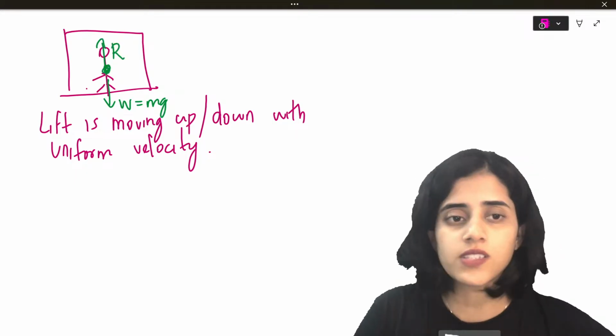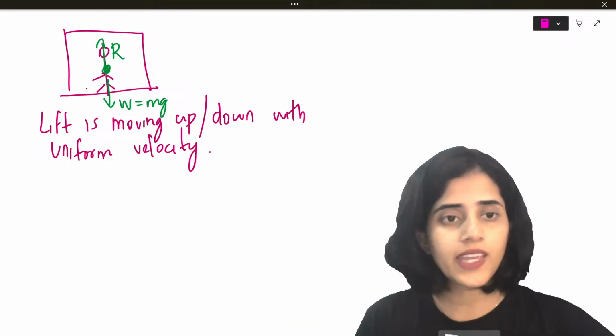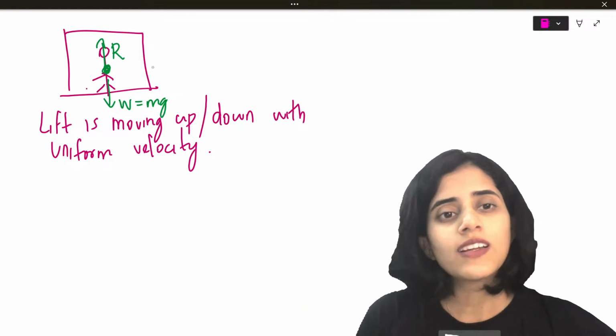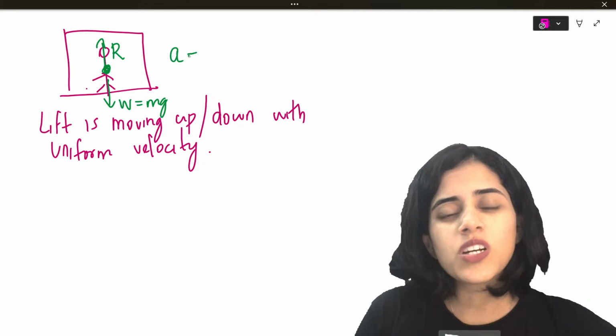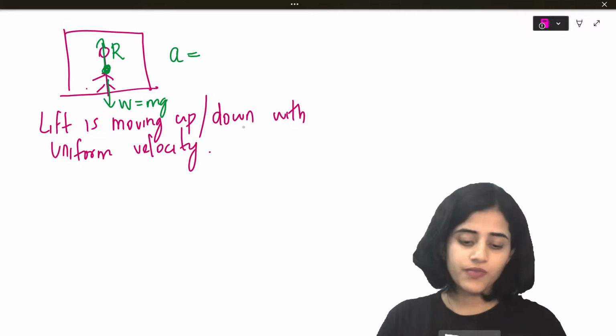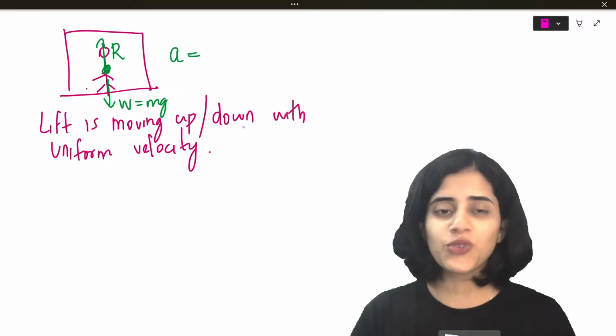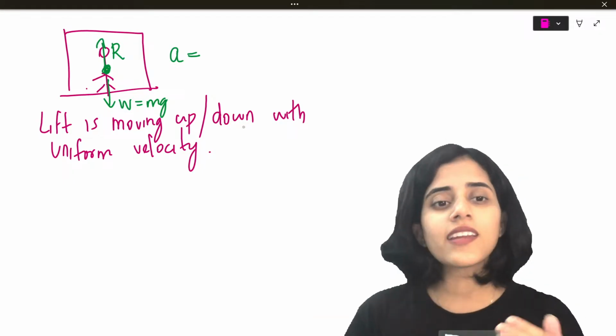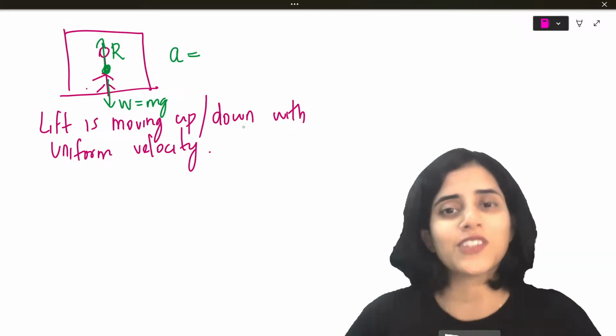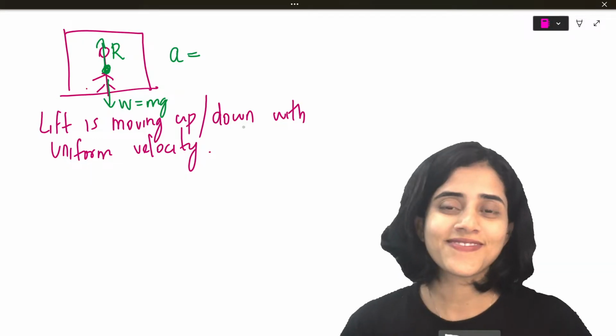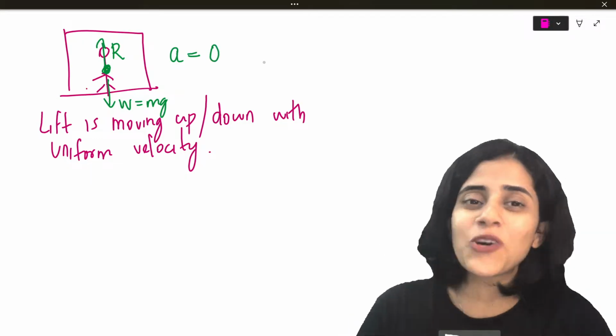Those are the two forces acting on the body. Now, here, what is the value of acceleration? In the previous case, the body was at rest, so obviously acceleration is 0. Here, he has same velocity. So what is acceleration? Yes, it is 0.